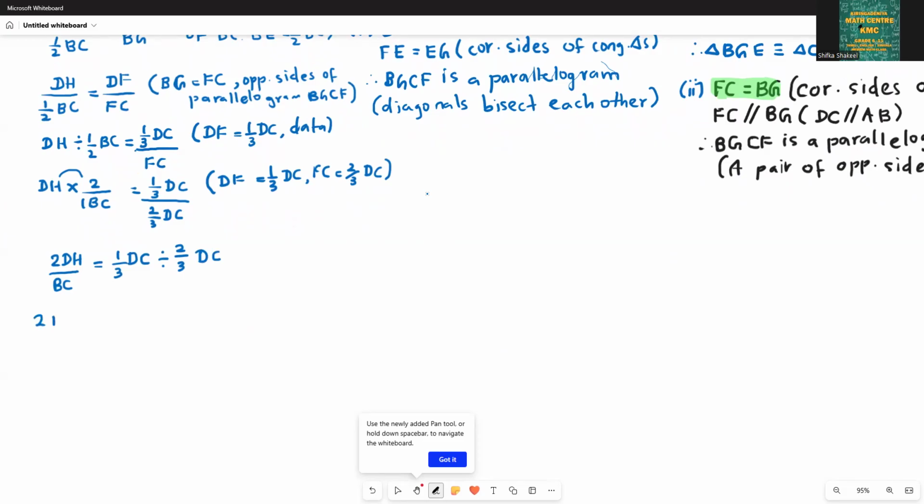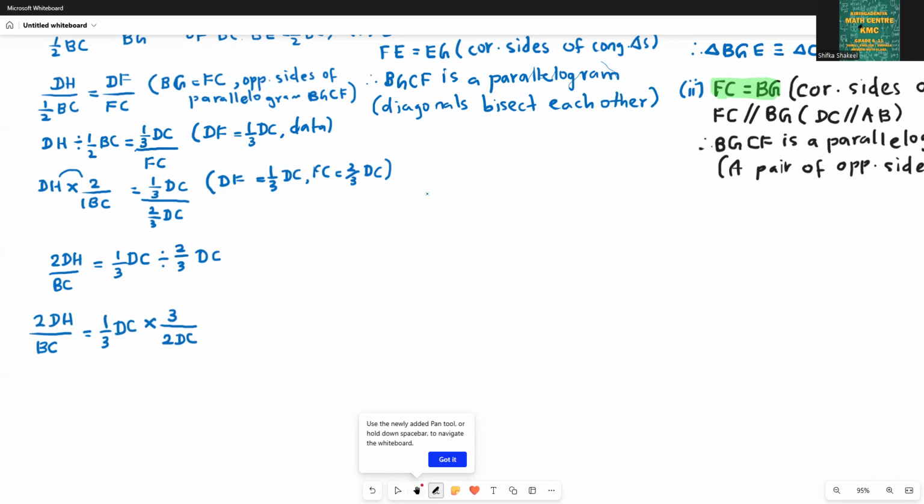Division will change as multiplication, the fraction will rotate upside down, 3 over 2 DC.